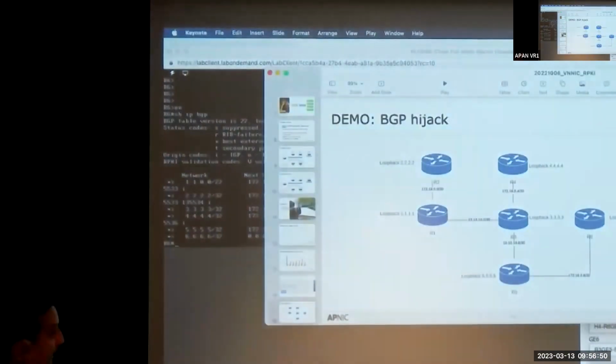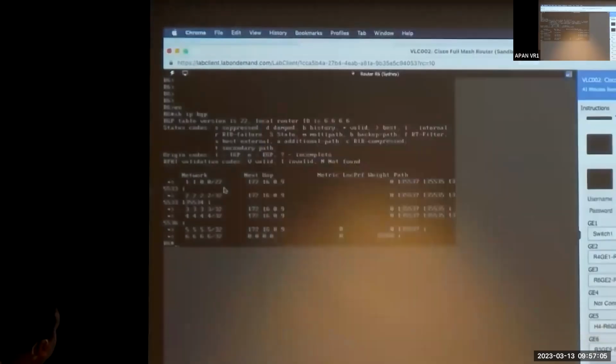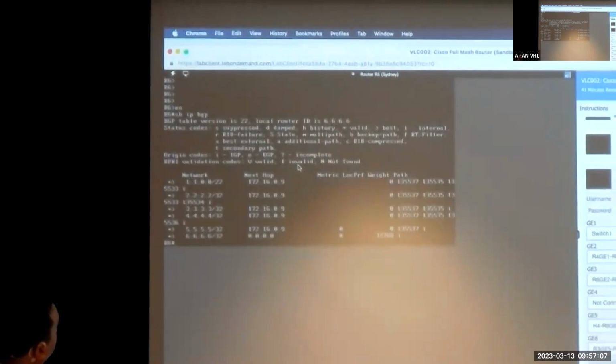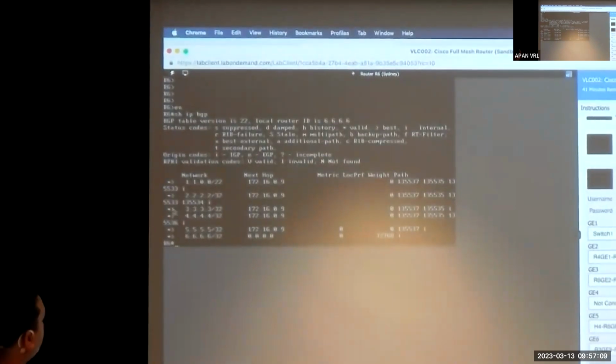If you look into the diagram, if router 6 has to go to router 1, then it has to go through router 5, router 3, and router 1, right? So there has to be 3 AS numbers in the path. So this is what we see: 1, 2, 3, right?